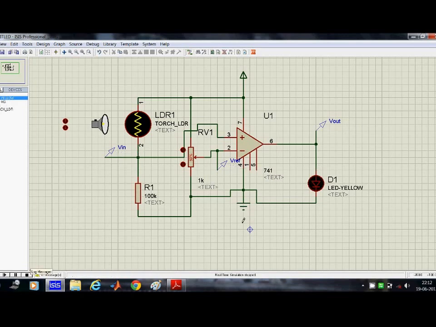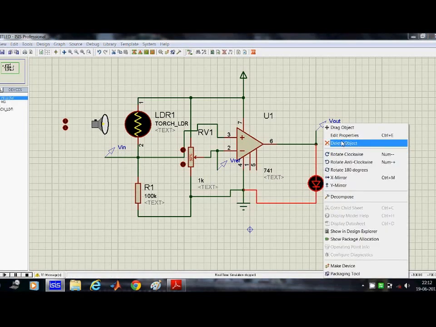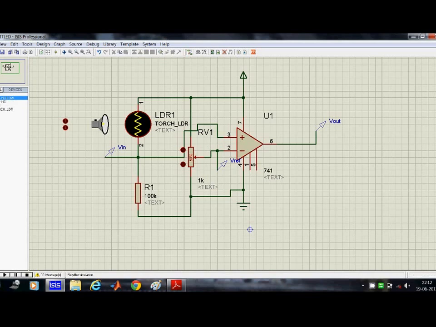Now I will show you one more thing. If I remove this and simulate it, you see the voltage is quite higher. In the other case it was less than this 4.01 when I used an LED. So I'll use the LED again.